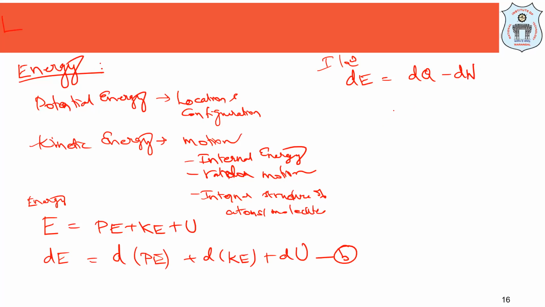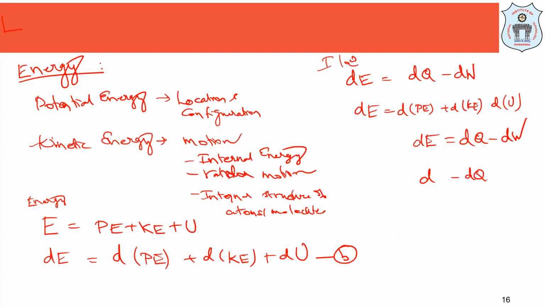So we can write dE is equal to d of potential energy plus d of kinetic energy plus d of u is equal to dq minus dw. So we can write du equal to dq minus dw.